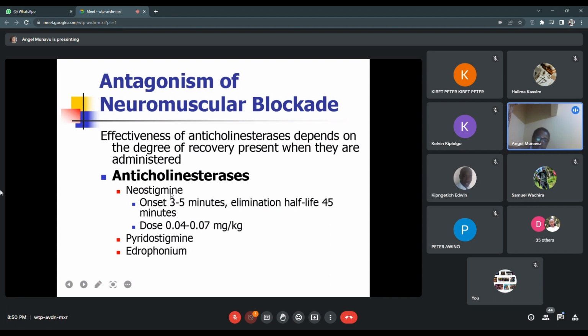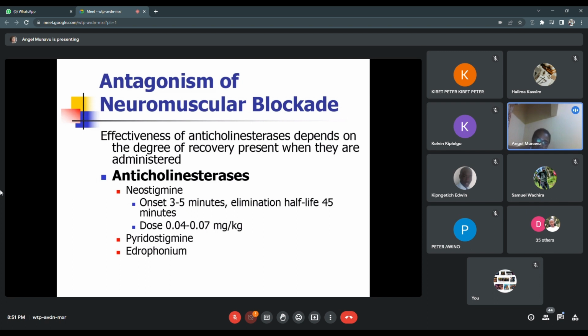So we give neostigmine, and we consider the onset of action. When you give it, within 3 to 5 minutes, the patient will have started breathing, and it takes about 45 minutes. It's around there for 45 minutes. It doesn't remove all the neuromuscular blockers immediately.